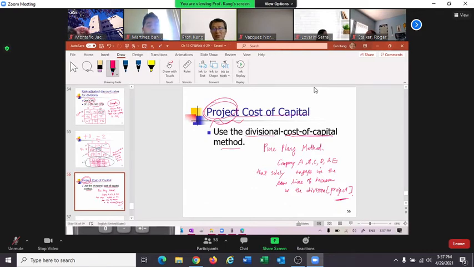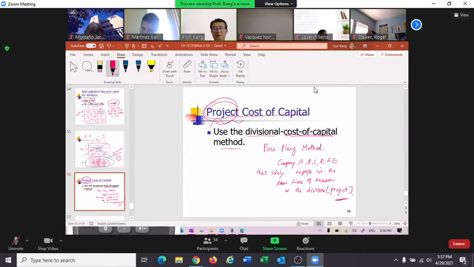That is project cost of capital, but it is even more difficult than divisional cost of capital, because it will be very hard to find companies listed on the stock exchange that engage in only that line of business. Very hard, right? Solely in that line. But in that case, you may use some probability, how pure the company is.